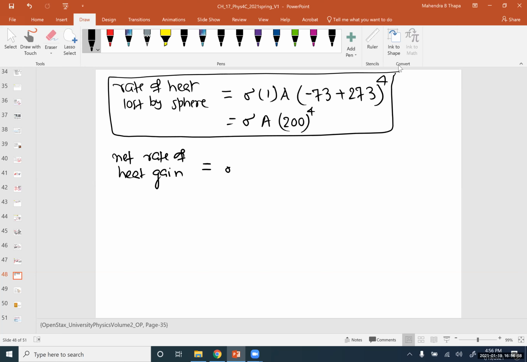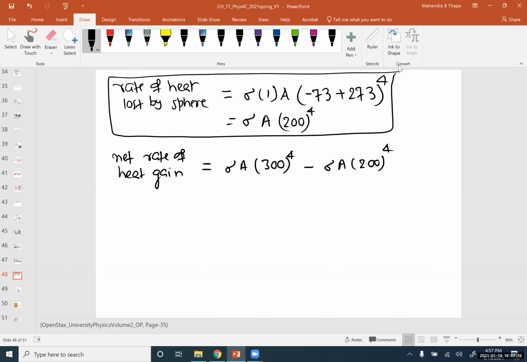So it will be sigma A 300 power 4, and it is losing, so total is minus sigma A 200 power 4.